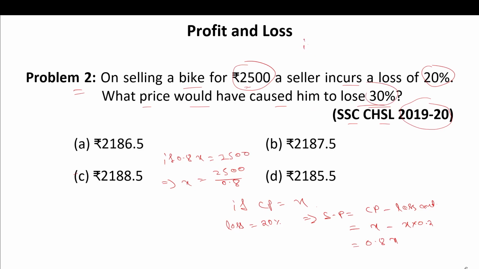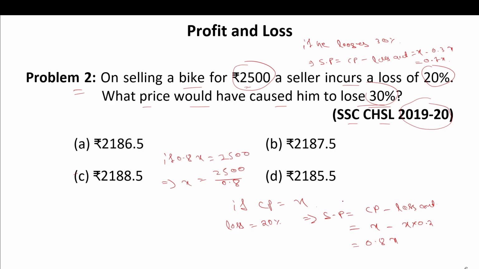Now it asks what price would have caused him to lose 30%. If he loses 30%, then the selling price would be cost price minus the loss amount. So it will be x minus 0.3x, because the conversion of 30 percent to decimal form is 0.3, so it is equal to 0.7x.